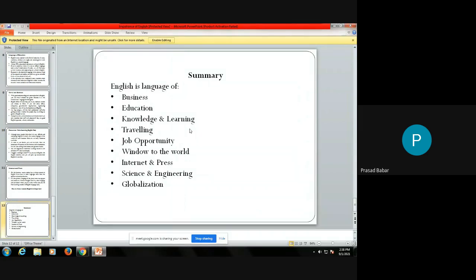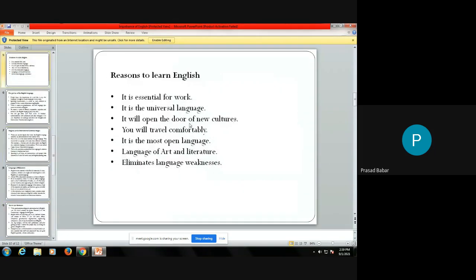It also helped globalization, and we are enjoying its fruits with each other. So this is all about this chapter.